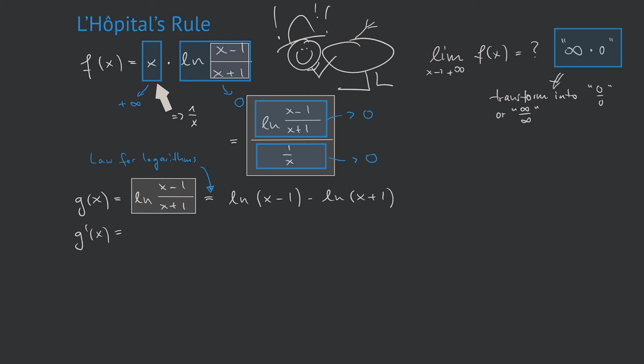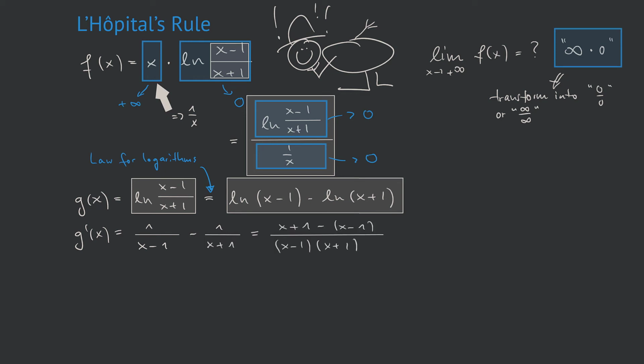Now this version of g of x can easily be differentiated using the chain rule. As the derivative of ln is 1 over x, we have 1 over x minus 1 minus 1 over x plus 1, which using the common denominator gives this expression, which can be further simplified to this expression.